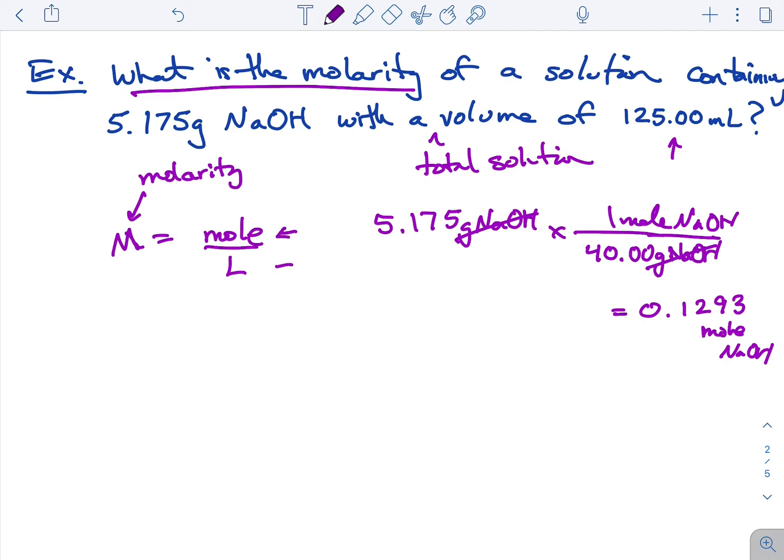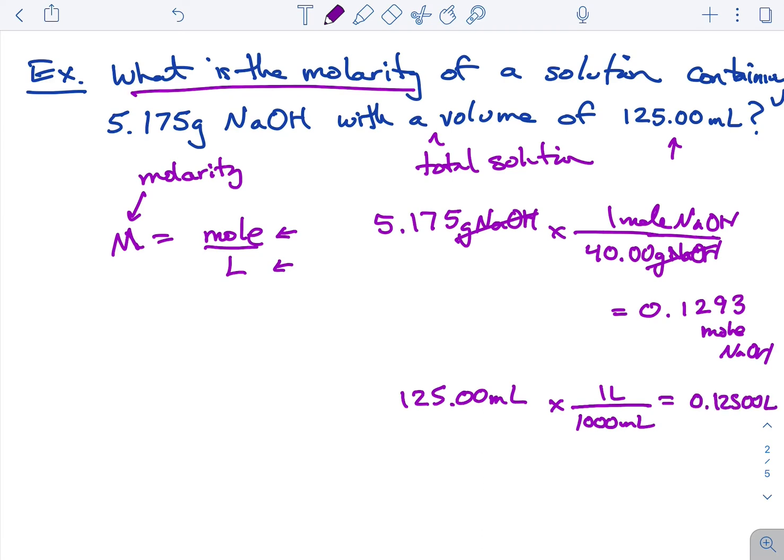Notice this denominator is in liters. It's the volume of the solution in liters. We're given the volume up here in milliliters. I'm not picky about how you do this. You can think of this as a conversion factor. Remember, there's 1,000 milliliters in 1 liter. And that means we divide by 1,000 and get 0.12500 liters.